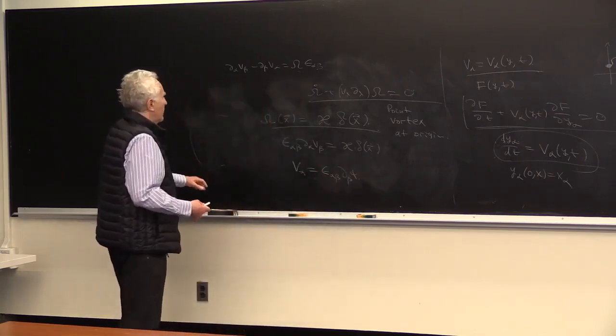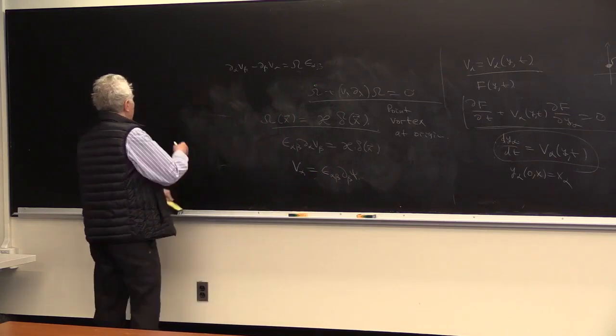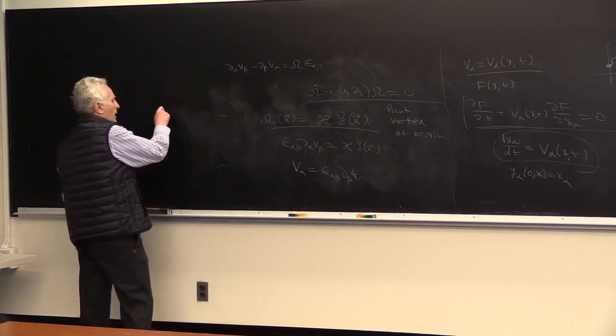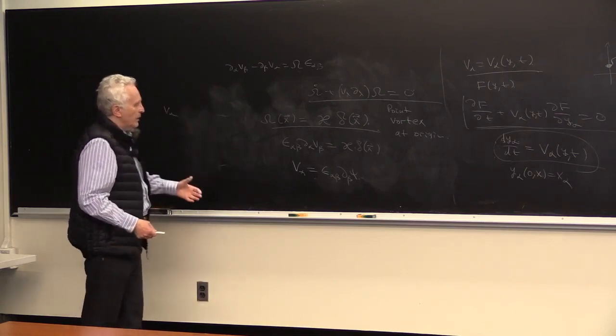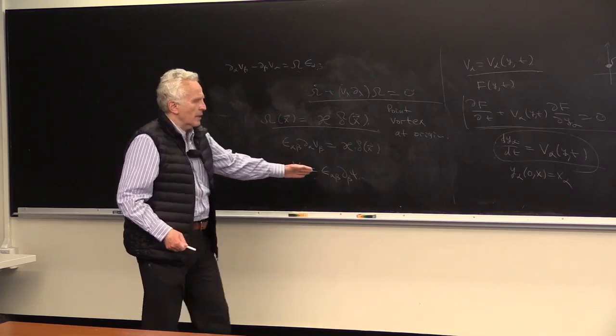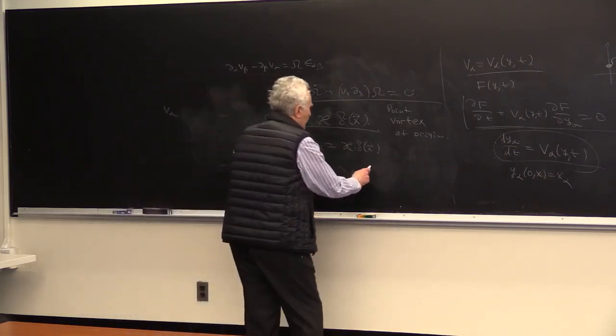I should explain. Generally, we have two components of velocity, so it should be two arbitrary functions. Here is one arbitrary function, which is called the stream function.